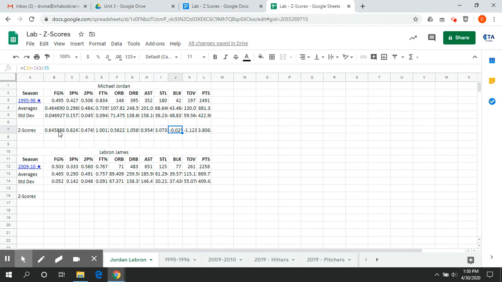He was about even in blocks. He was pretty close to the average. He did have way more turnovers, but again, it's probably because he had the ball more. And his scoring was well above, almost 4 standard deviations above the average.